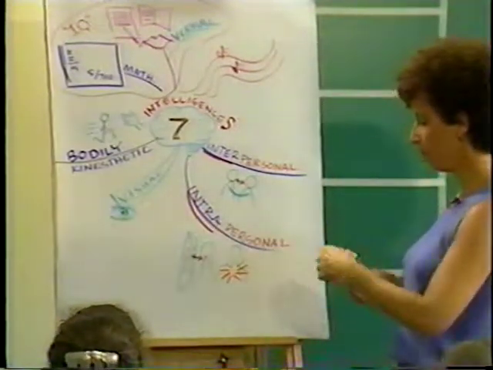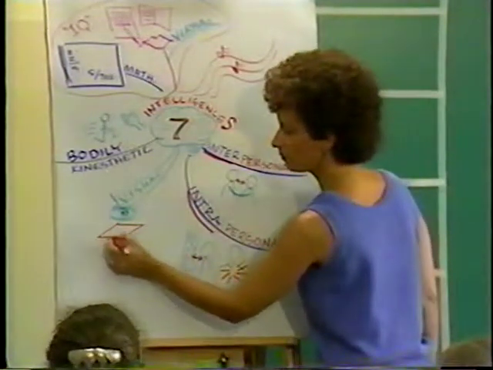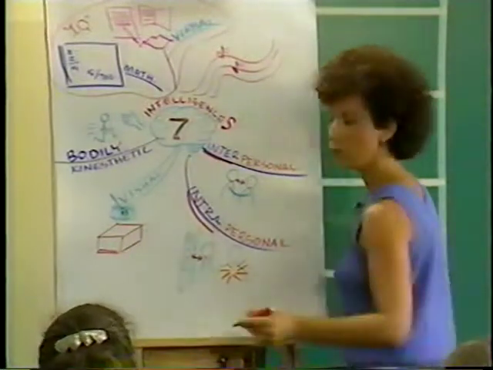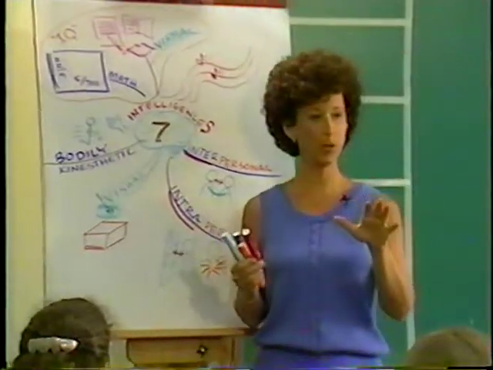But visual, and there's another word that goes with visual, and that's spatial. That's the ability to look at spatial relationships, to find your way around. One example would be right now, if you close your eyes for just a moment and imagine that there's a cube right in front of your face. The cube has different colors on different sides, and right now a bright green is facing you.